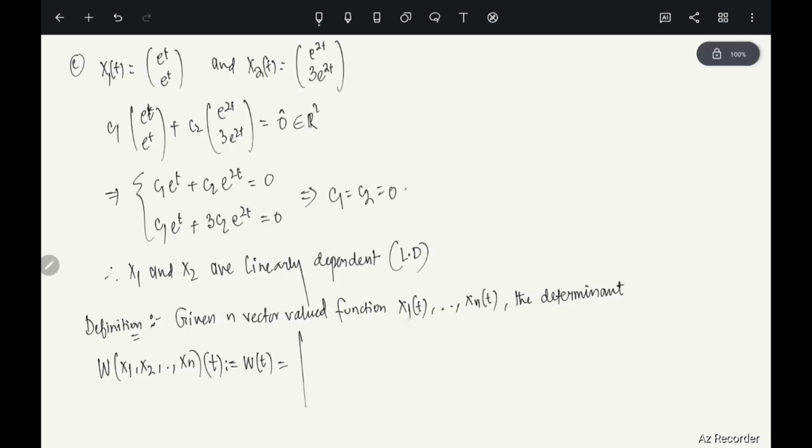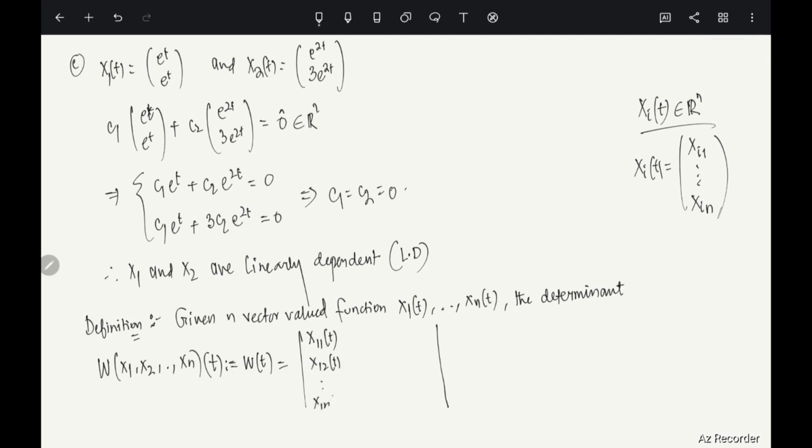So essentially, you see, x1 or xi is a vector, right? This at any point t is nothing but an element of Rn, right? So xi of t, if you think about it, it should look like the components. So basically, let's say xi, the first component, xi, the nth component, right? It should look like this. So we will write all these things together and then we just look at the determinant. So basically, it will look like this: x11 of t, x12 of t, x1n of t.